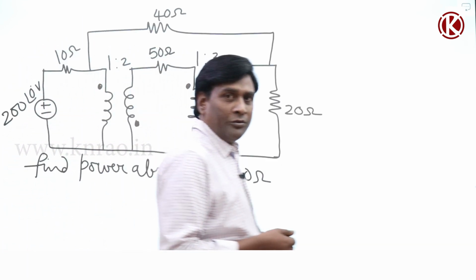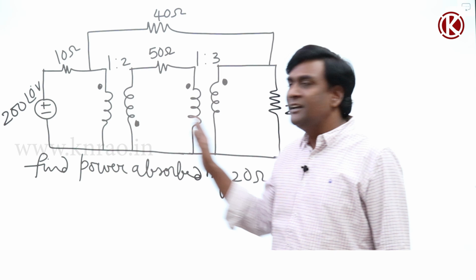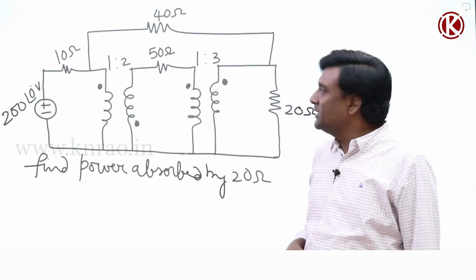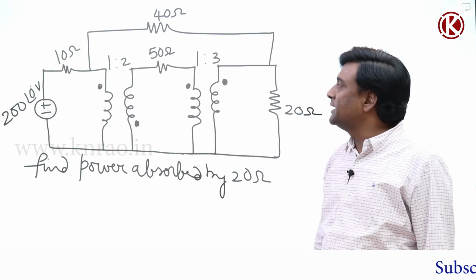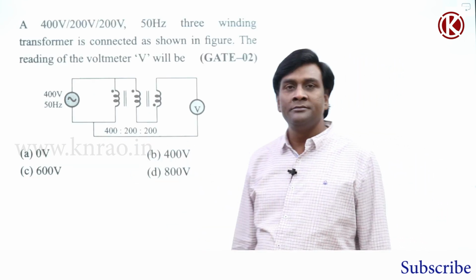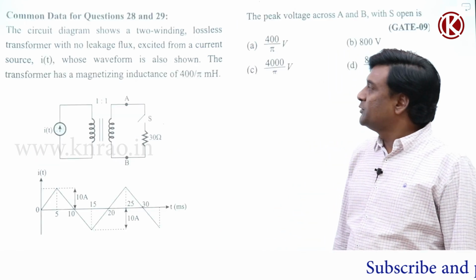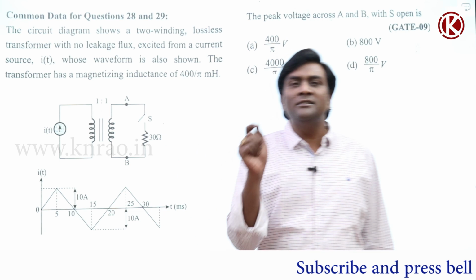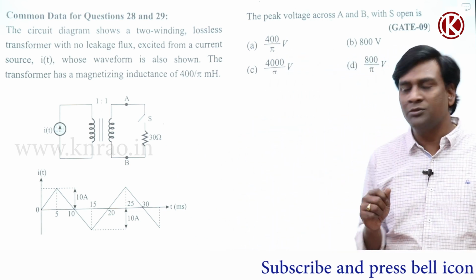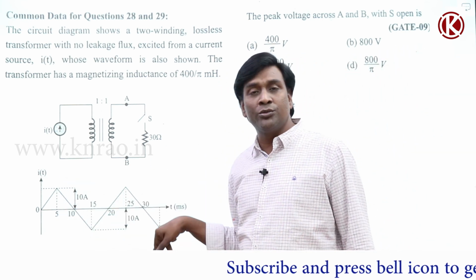In our machine, again such a kind of play will not be there. Cascading transformers, from here to here, it will not be there. In network theory, see, they have given a current source. Have we any time analyzed a machine transformer with a current source?